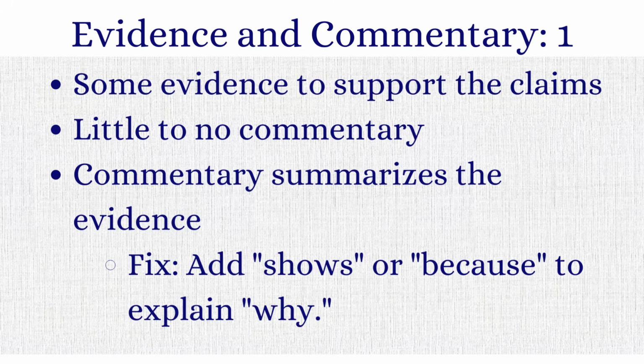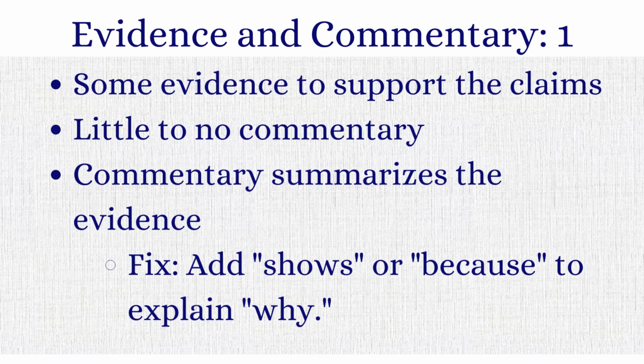So typically when we see an essay that scores a 1 in evidence and commentary, it's because there is usually some evidence present, but there's not much commentary. And the commentary that is there is really just kind of summarizing what the evidence says. So it's not adding on any new information. It's not interpreting anything. It's just restating the evidence.